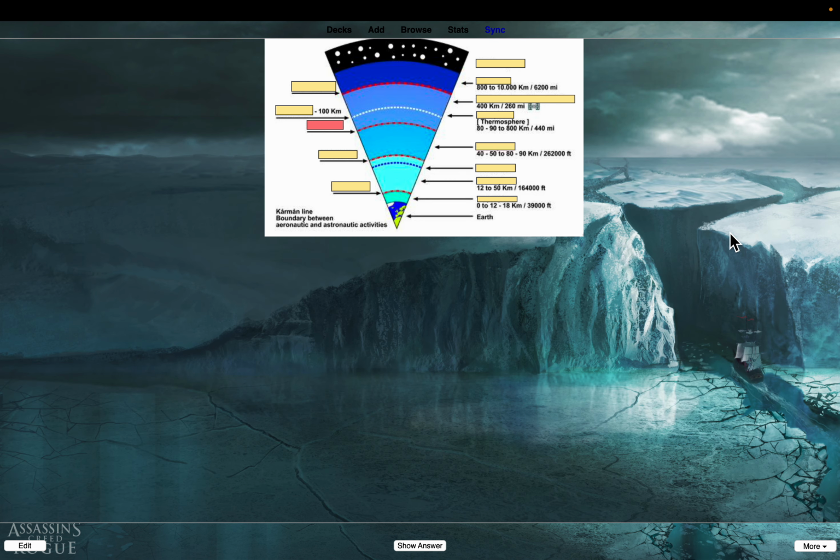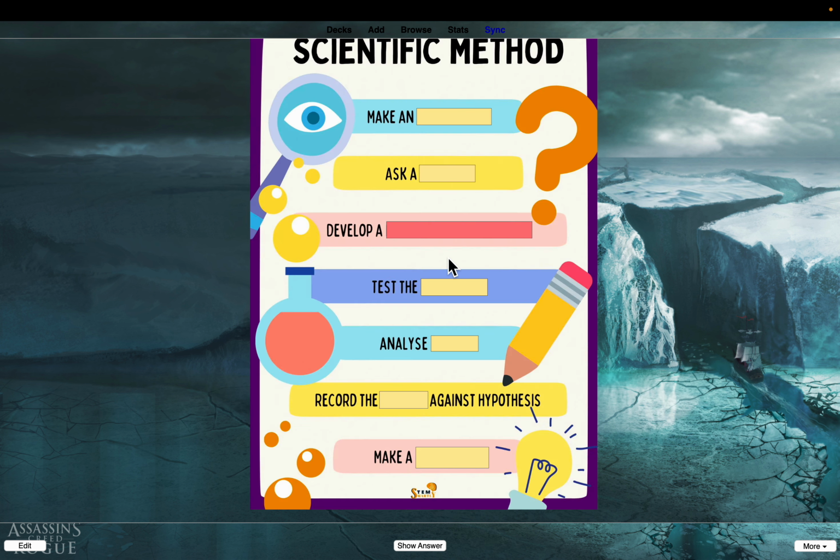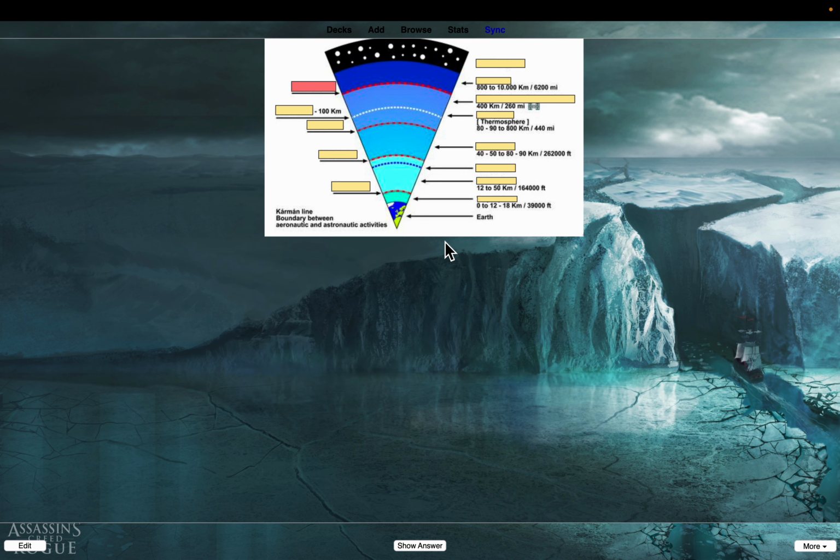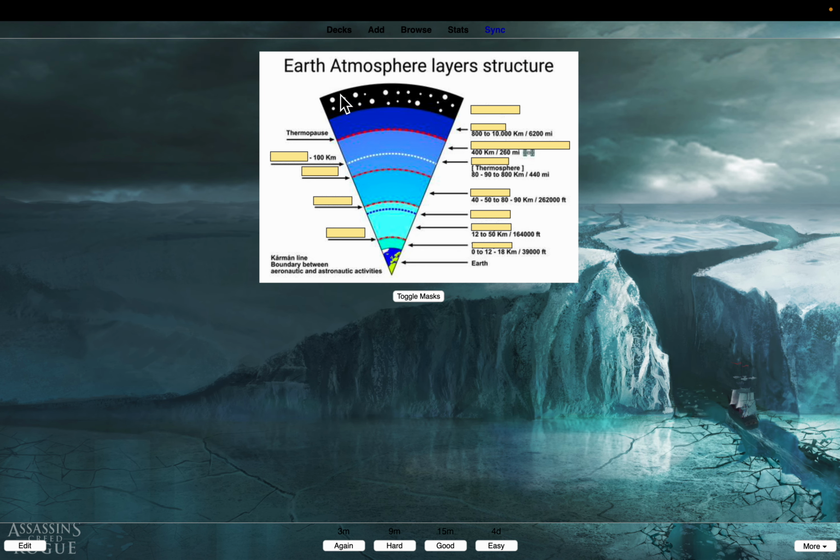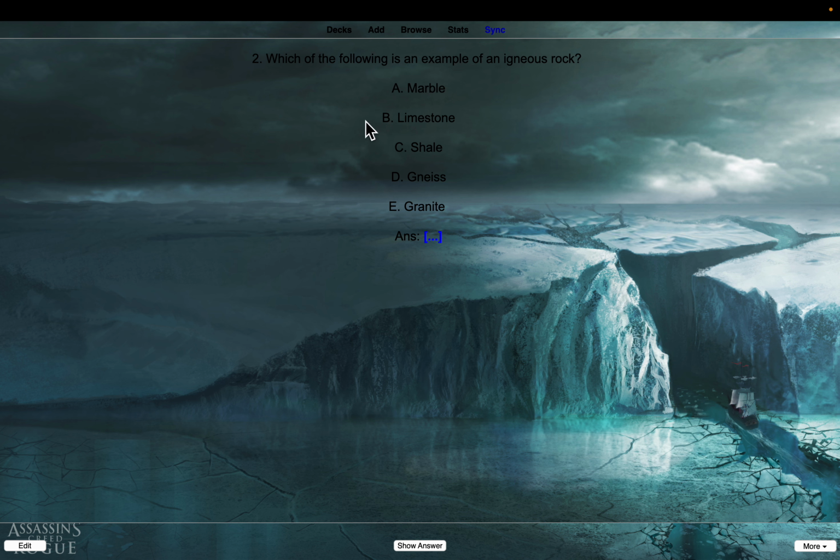Plates. Mesopause. Develop a hypothesis or prediction. Thermopause. Which of the following is an example of an igneous rock?